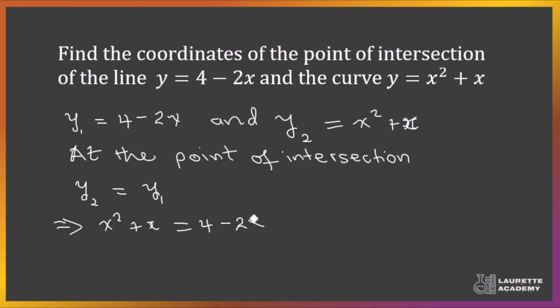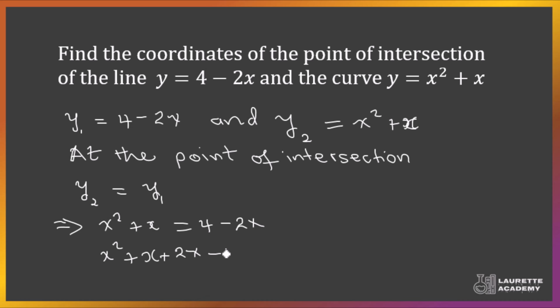minus 2x. So we bring like terms together and write this as x squared plus x. We add 2x to both sides of the equation. This will become plus 2x, and we subtract 4 from both sides of the equation.